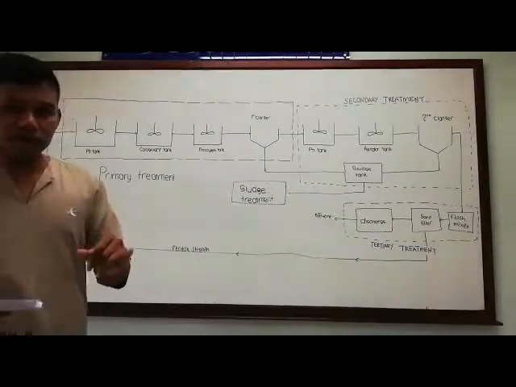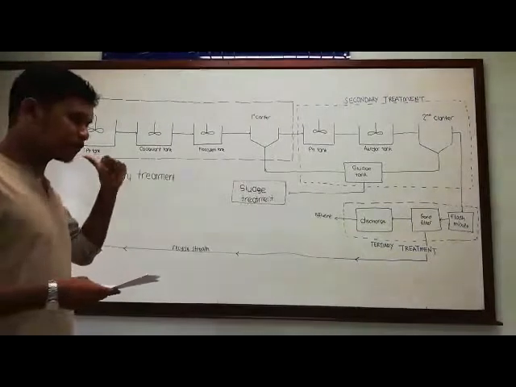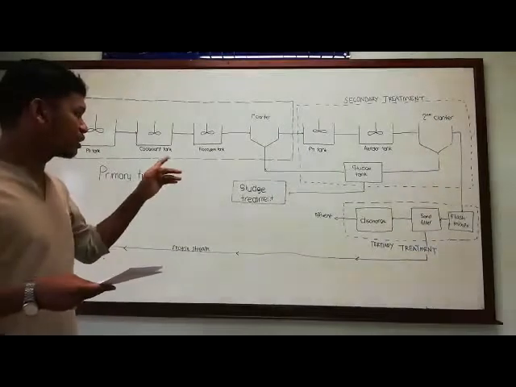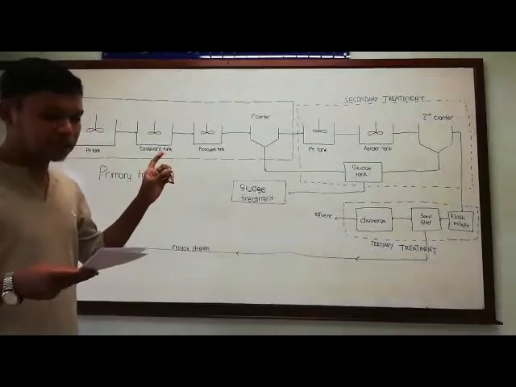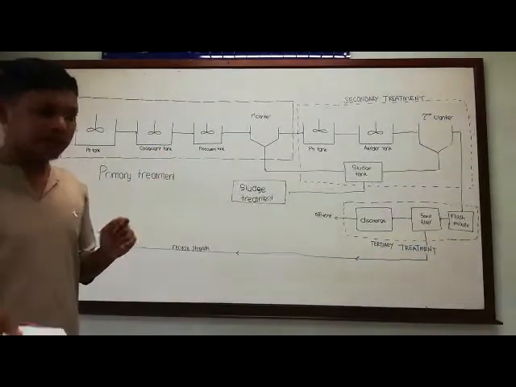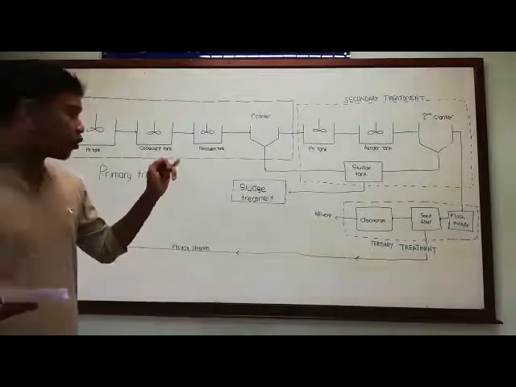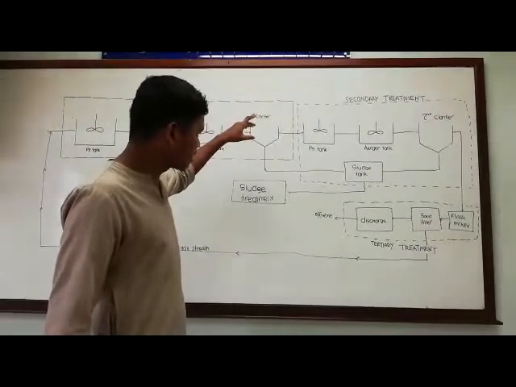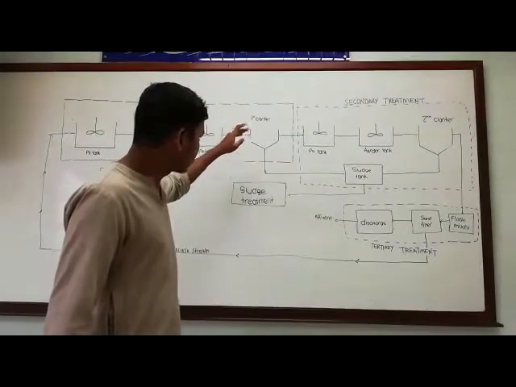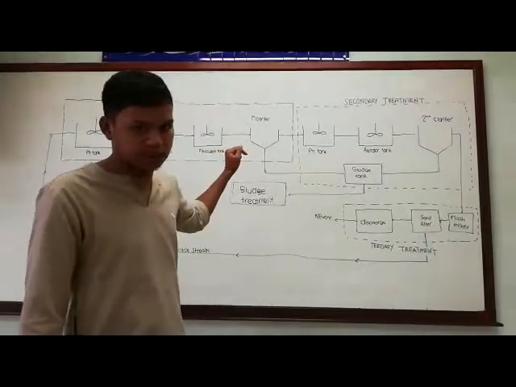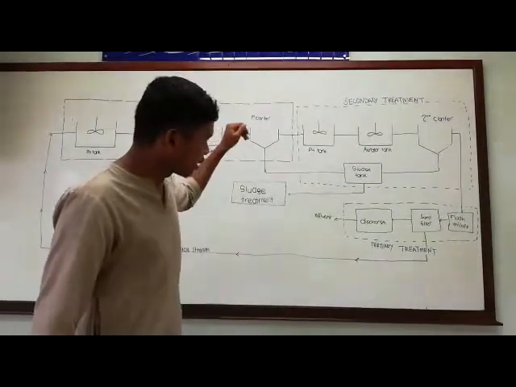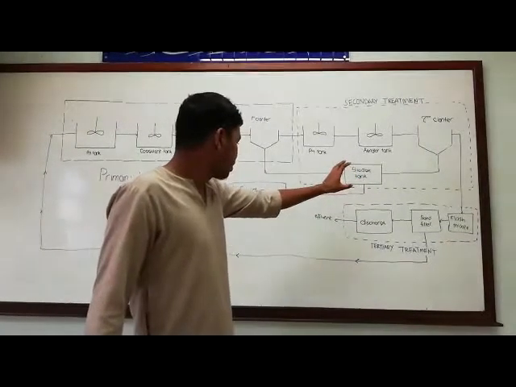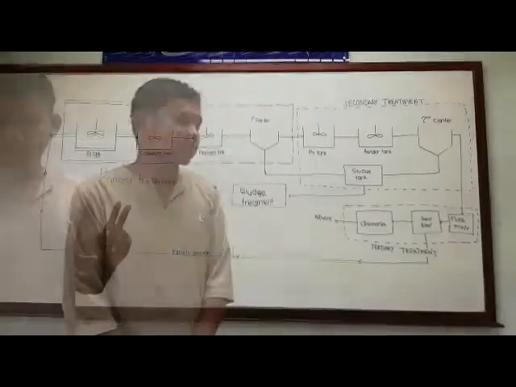The flocculant formed in the previous flocculant tank will settle as suspended solids in the clarifier and exit at the bottom of the clarifier itself. Once it settles down in the first clarifier, we consider it as sludge. The sludge will be collected at the sludge tank, and then the collected sludge will be sent to the sludge treatment.